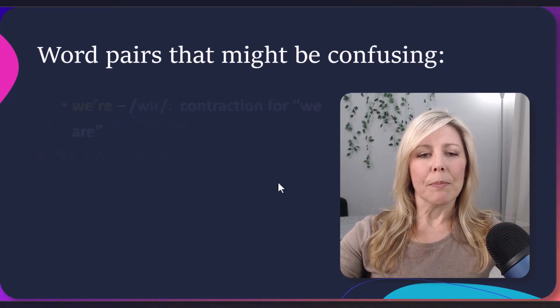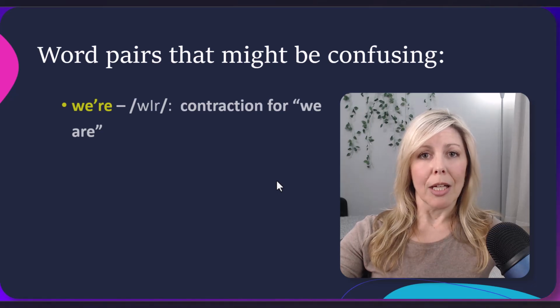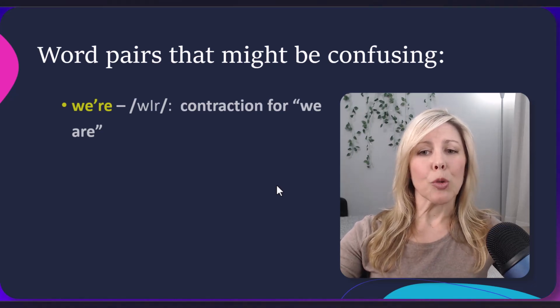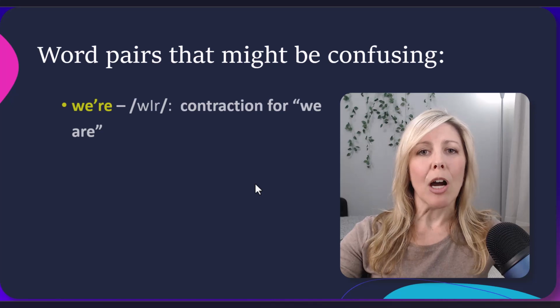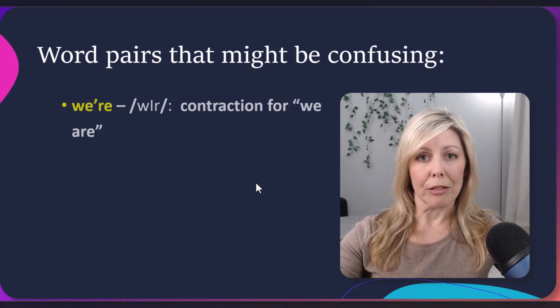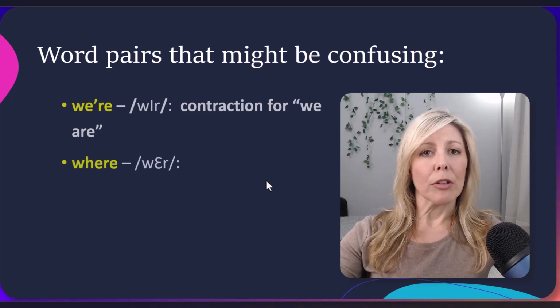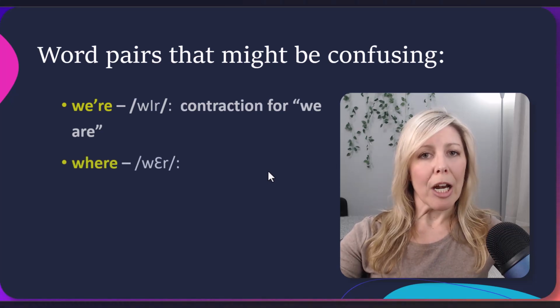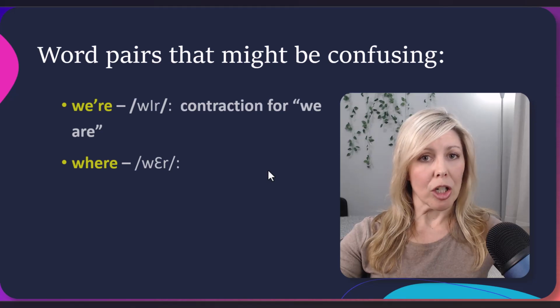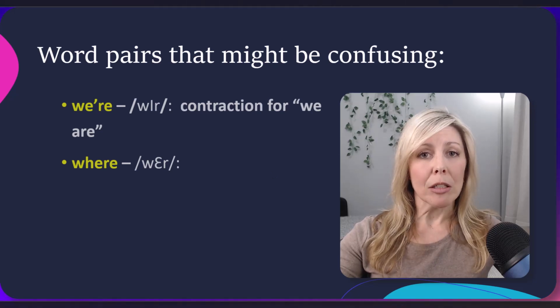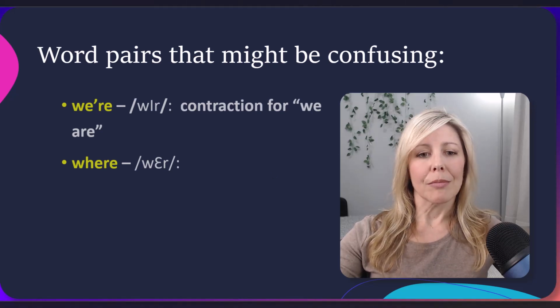Next word, we're. Has a little bit of an E sound. It's the contracted form of we are. We're. Don't confuse that with the location word, where. So we're and where.